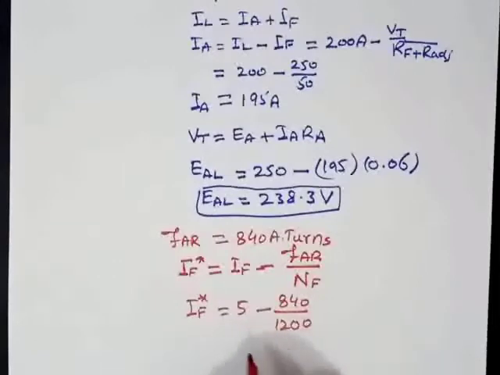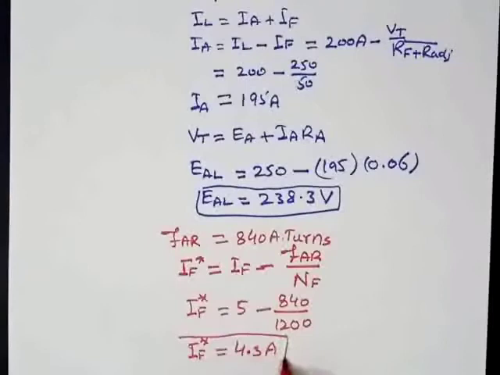By solving this equation, we get IF star is equal to 4.3 ampere. This is the field current after the armature reaction.